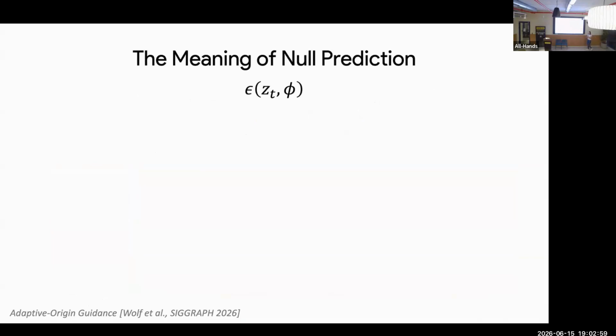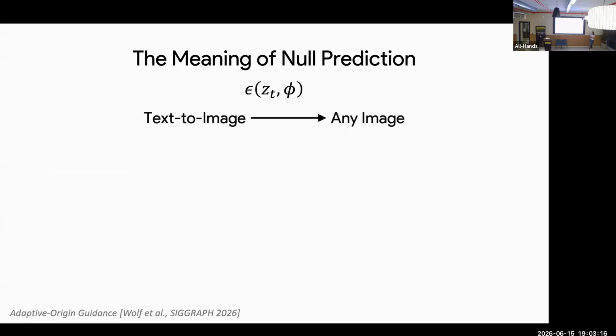To understand why for alpha equals 0 we get this weird result, we need to understand what is the meaning of this unconditional prediction. People usually also call it null prediction.